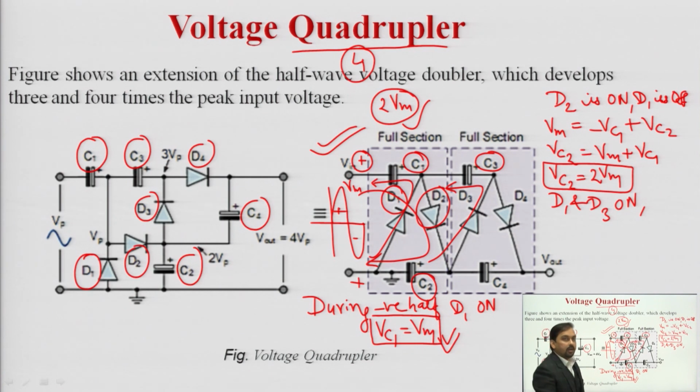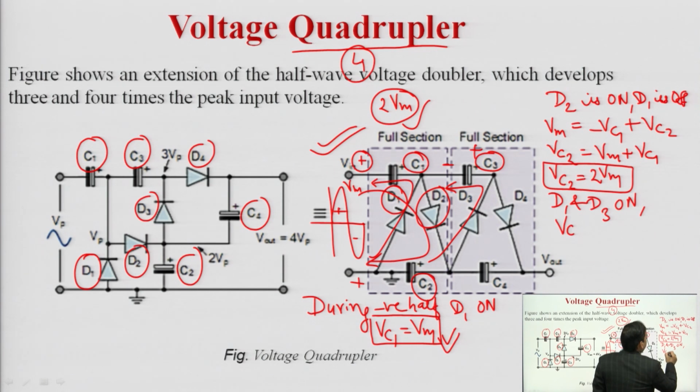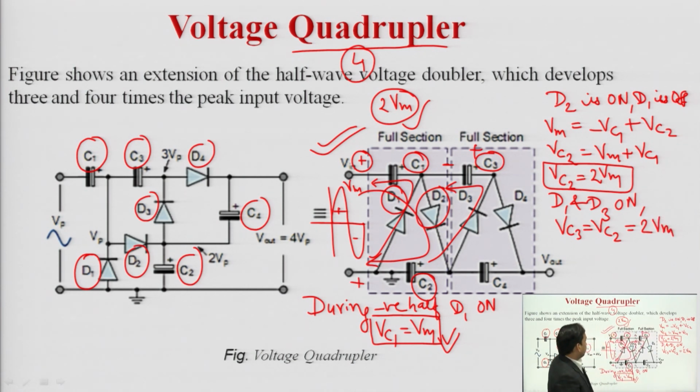Accordingly, the polarity will be positive this side and negative this side. So, capacitor voltage Vc3 equals Vc2, and Vc2 is equal to 2 times Vm. So, this is also 2 times Vm.